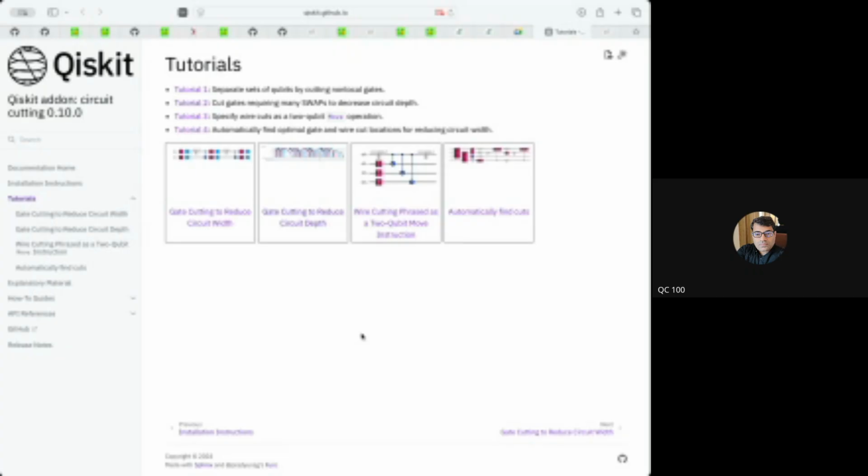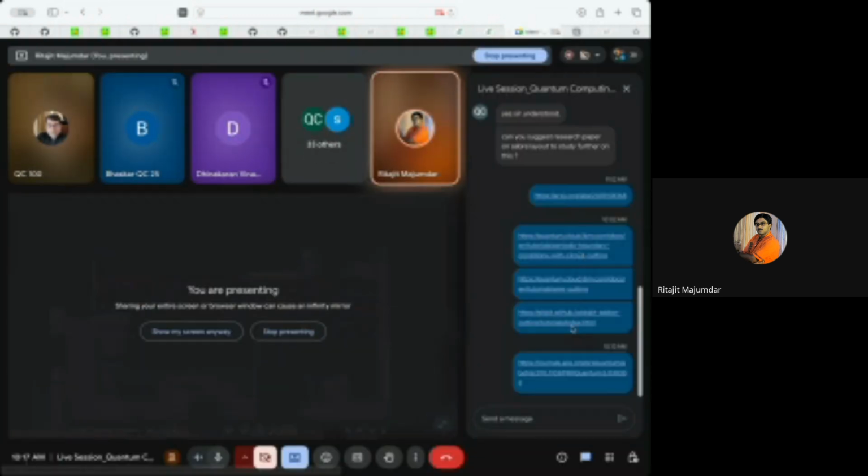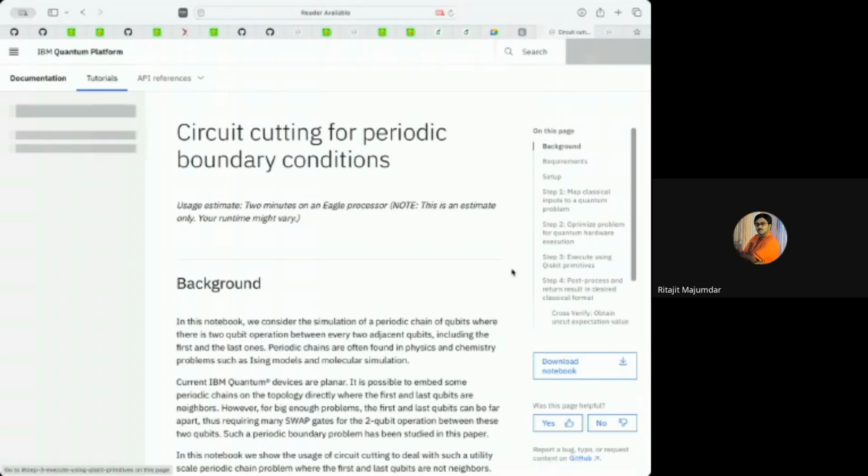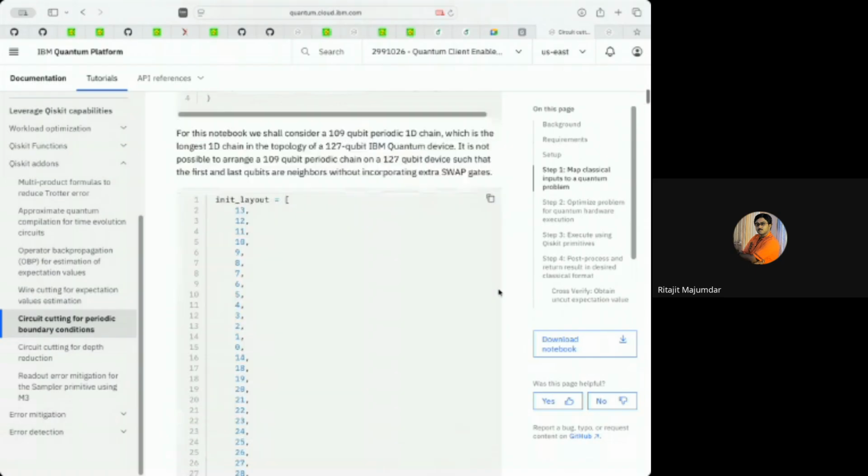If you look into the three links that I shared, and go to the last link, let me again share my screen. It'll be easier. So the user can do it. In what case the user needs wire cutting and gate cutting is up to you to decide. Here is one immediate example where you would need some sort of gate cutting, not necessarily wire cutting.